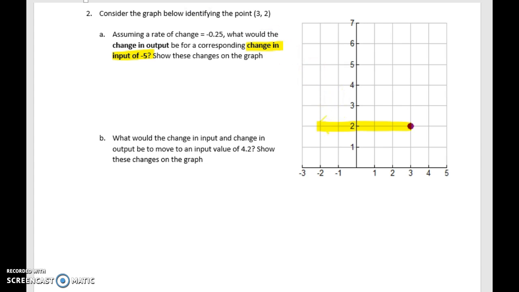Let me do this over. So again, 1, 2, 3, 4, 5, and we're going in that direction 5 units because it's negative, and then we want its associated change in output.